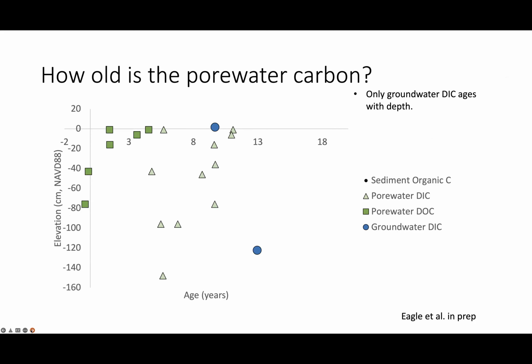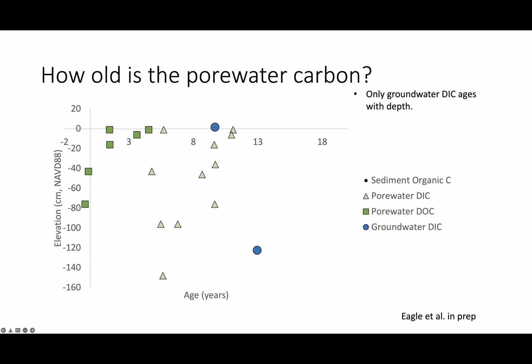So now we blow up into the past decade, and this is age since it was collected. You'll see, as I expected, there was a gradient with age increase in the groundwater.